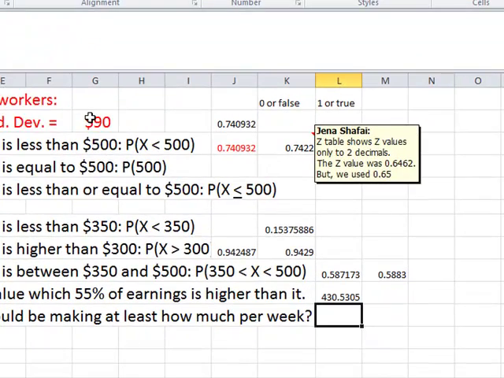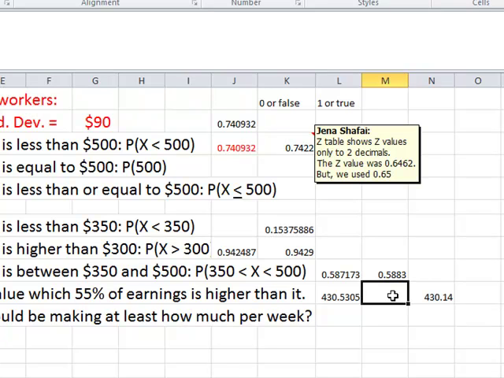Hit enter and you get $430.53. This is different and slightly higher than the $430.14 that we solved with the table.